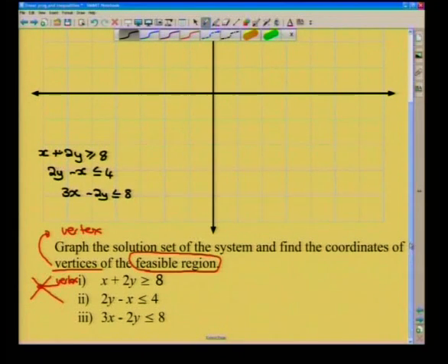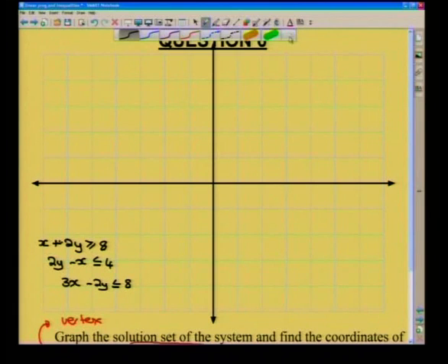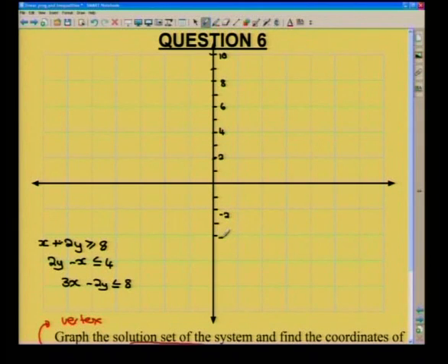Let's take the graph down and let's have a look. Now, I think in the light of the fact that this has got an 8 in it, I'm going to mark this in 2s, to 10. And I'm just going to be a little lazy on the negative one and mark every second one in. But it's fine. I mean, obviously, you're not going to be doing millions of these in an exam.